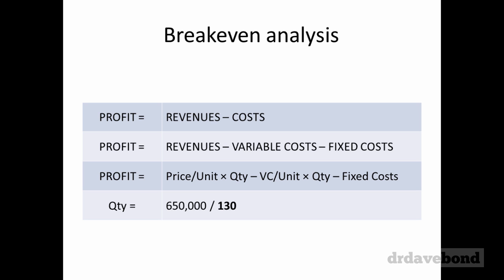And actually work out the right-hand side, and you end up with 5,000 units. And that's all that we need. For a target profit of 0, a break even, you would need to sell 5,000 units at a price of $200 a unit with $70 variable cost per unit and $650,000 fixed costs.